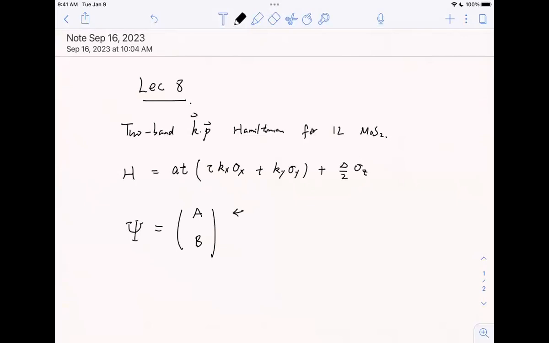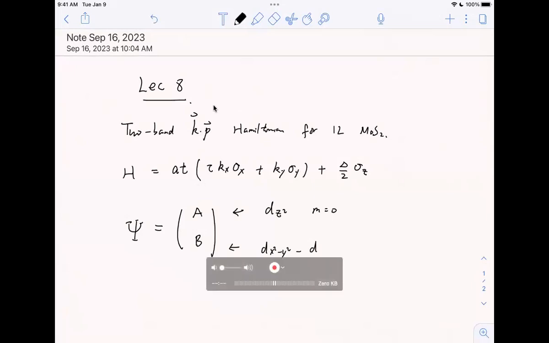So the A component corresponds to the orbital d z square. So this is the m equal to 0 orbital, and this one corresponds to dx square minus y square minus d... I forgot.